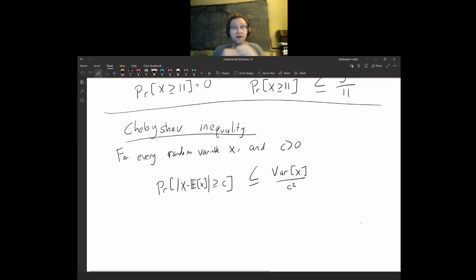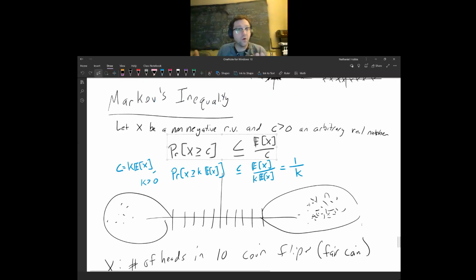Markov doesn't lie to you, ever. But, as we've said, if you flip a coin 10 times, what's the probability of 11 heads? You know it's 0. Markov tells you it's less than or equal to a half, which is true.